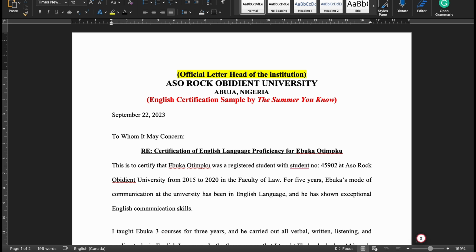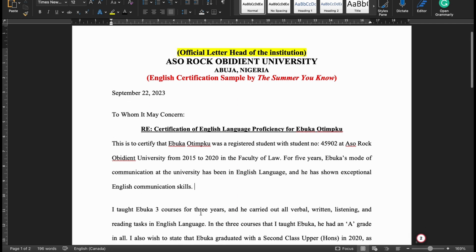For 5 years, Ebuka's mode of communication at the university has been in English language, and he has shown exceptional English communication skills. What this is trying to do is explain that you were taught in English, you understand English, and the number of years you were taught in English, which speaks to the fact that it would be a waste of resources, time, and money for you to go and write IELTS or any English exam. So you want to take note of that.